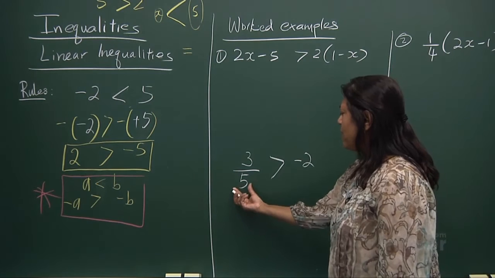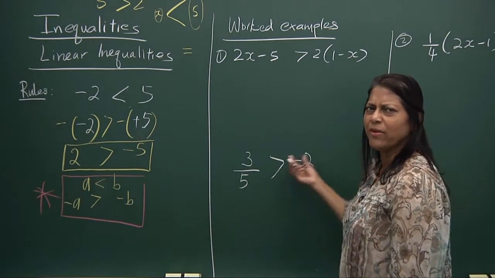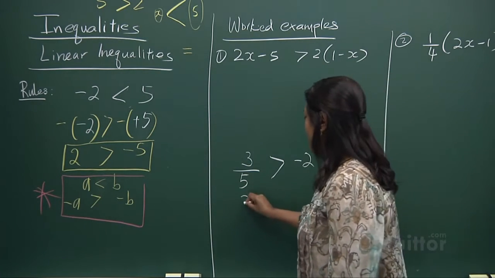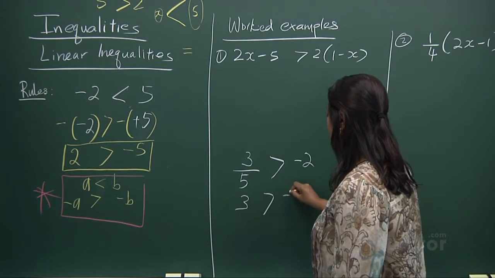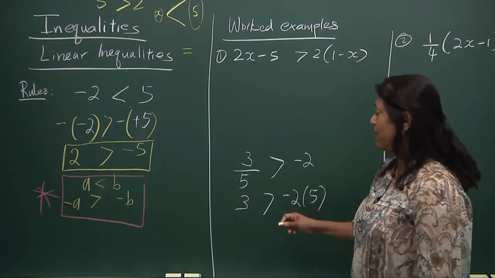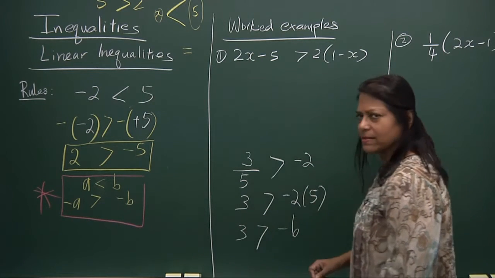Of course, when I bring the 5 over, it's just a change, just move it. Divide becomes a times. So I say 3 is bigger than minus 2 times 5. 2 times minus 5 is a minus 6. So you say that 3 is bigger than minus 6.